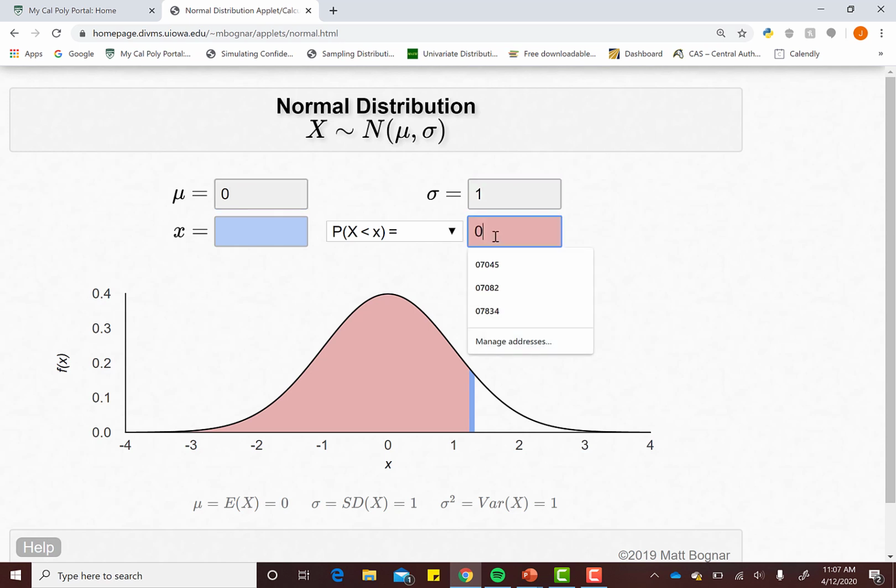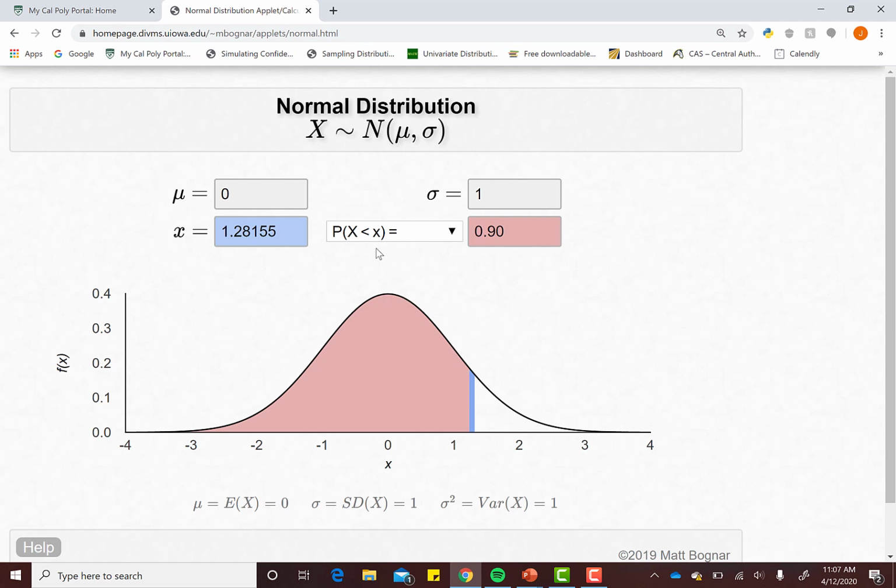What this is saying is the z-score of 1.28 roughly is larger than all of this area, is larger than 90% of observations. If you want to think about it a different way, 90% of observations are less than 1.28.